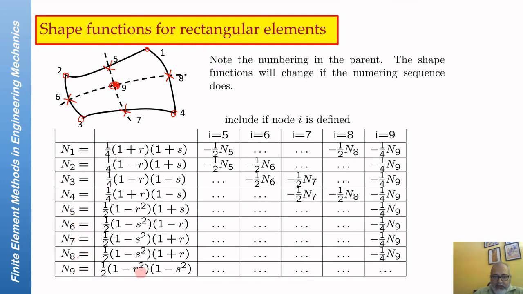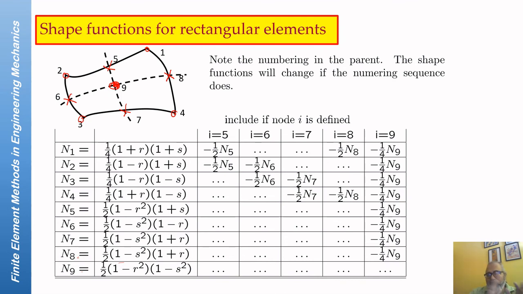For node 9, this would be the shape function, and you can verify the Kronecker delta properties for each of these. Similar tables have been derived for many situations, as I said, and for rectangular as well as triangular elements in both 2D and 3D.